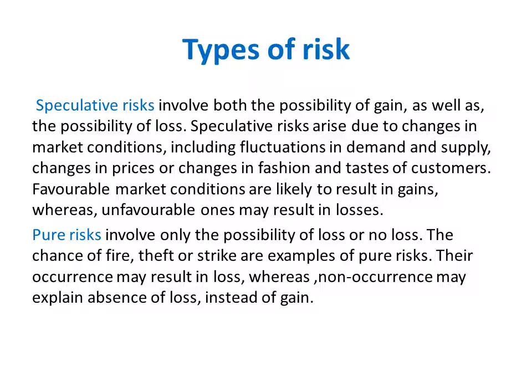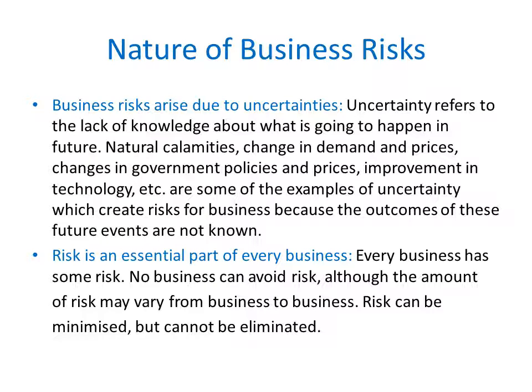Let us go through the characteristics or the features of business risk. Features or nature, one and the same thing. Business risk arises due to uncertainty, because business is done taking into consideration future times, and the future is always uncertain.